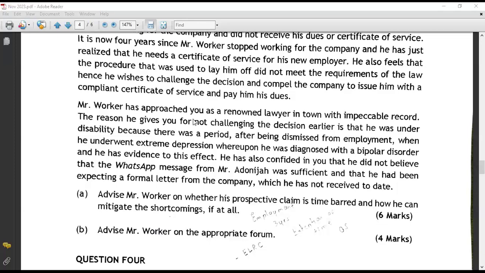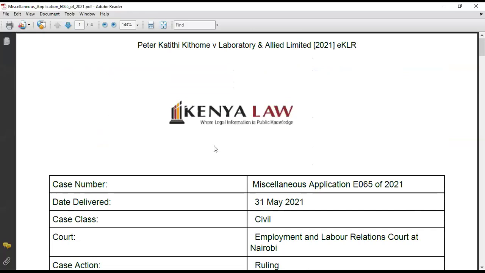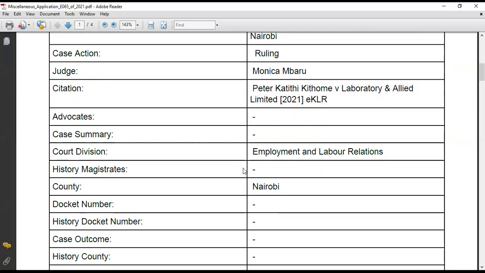Yeah, and there is a case here. So I want to share the case. This case is called Peter Kadidi Kidome versus Laboratory and Allied 2021, Miscellaneous Application 65 of 2021.